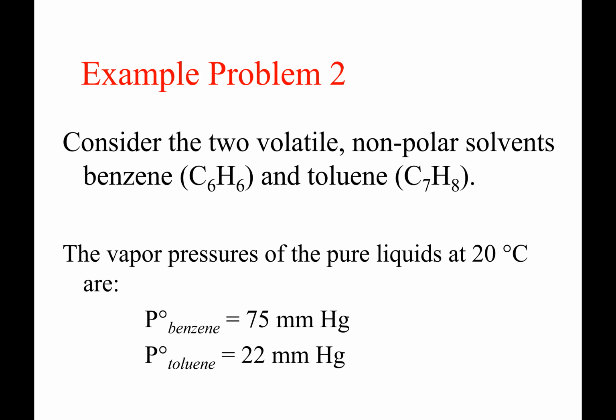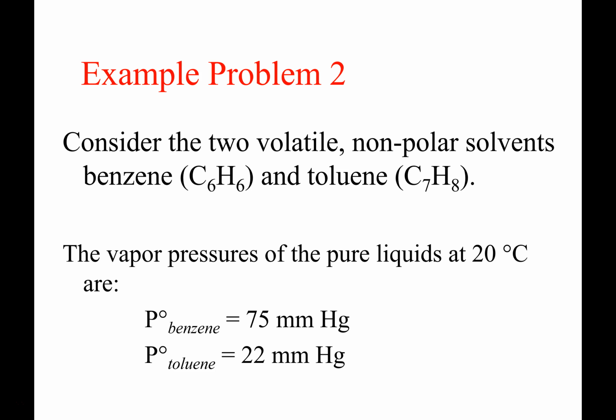Yeah. I think we're just talking about if it's all hanging out at T equal to 20 degrees Celsius, in the headspace above pure toluene, it's going to be 22 millimeters mercury. In the headspace above benzene, it's going to be shooting up to 75. So in that one, it's 22, it's pretty much done. Right.